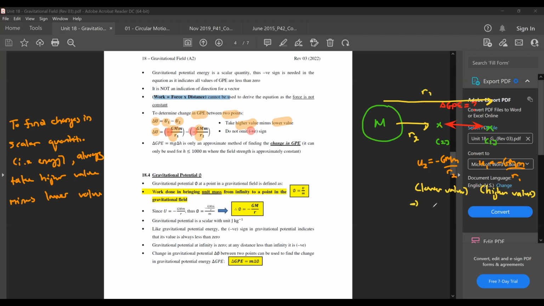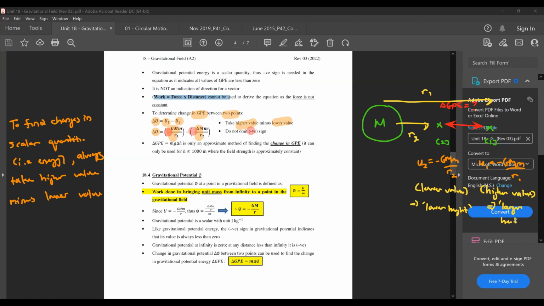Why is U2 going to have a lower value GP? Because it's at a lower height. This is the easier way I can mention to people. Because this one is at a lower height compared to this one, right? U1 is a higher value because it is at a larger height.